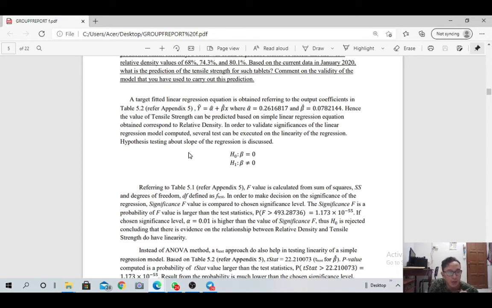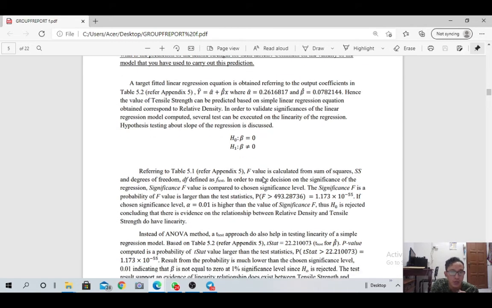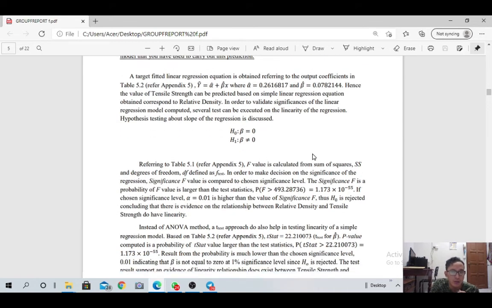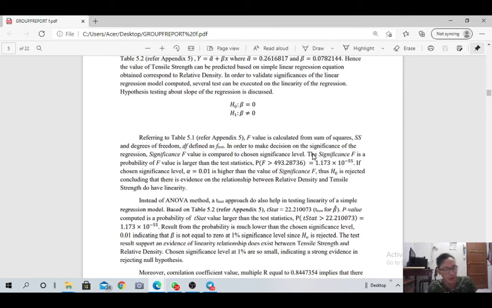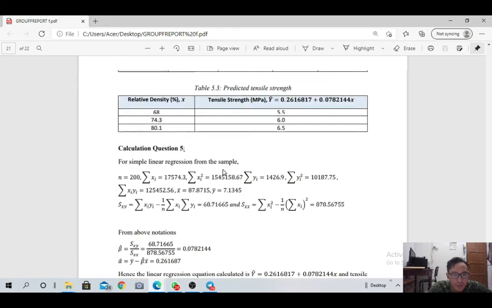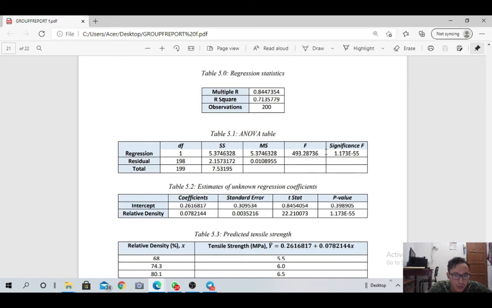And the one is hypothesis testing, which is H0 we use beta equal to 0, while H1 beta not equal to 0. So in referring table 5.1, okay, 5.1 here, table 5.1, which is ANOVA table, F value is calculated by SS, which is sum of squares, and DF, which is degrees of freedom, and for regression, residual, and also we have to find the total.